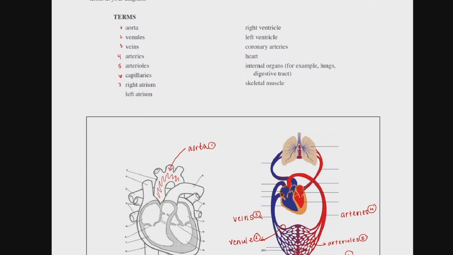So the right atrium is in fact here. It's kind of tricky to remember. I say that just because it is for me, but they're flipped from our point of view. So the right atrium, when we're looking at a picture, is actually on the left-hand side, and vice versa.